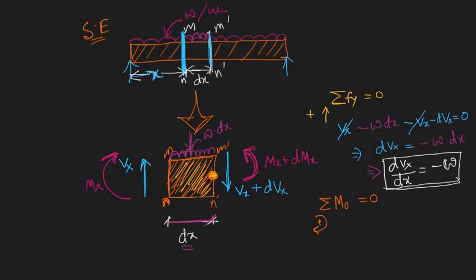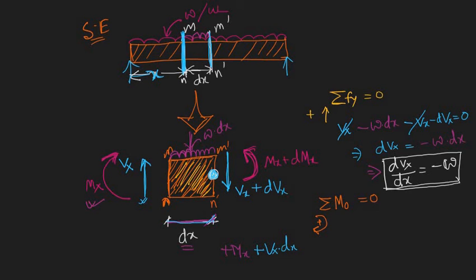Now come to the moment equation, and here we are taking moment about this point. So start from the left. First this one, it is clockwise, so plus Mx. Then come to the shear force, this one, about this point the moment is clockwise, so Vx times dx, the distance is dx.